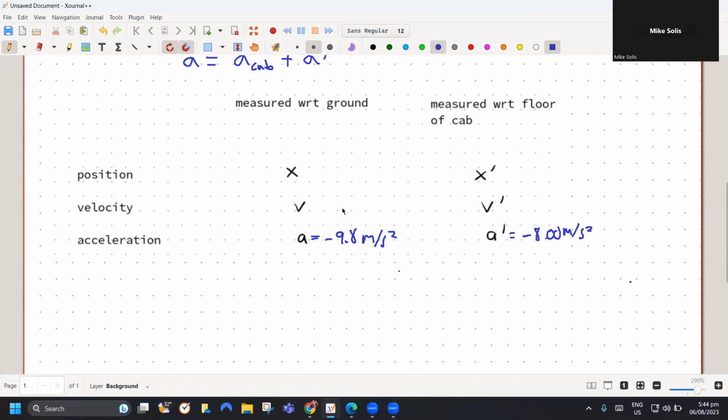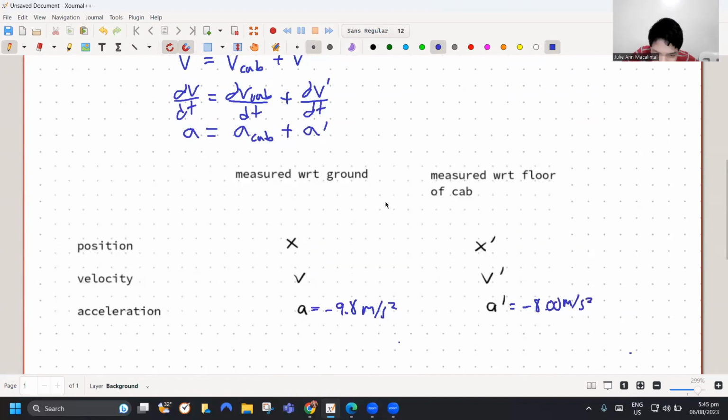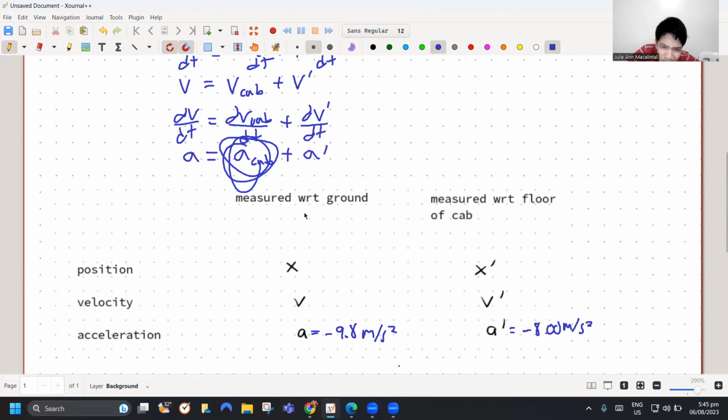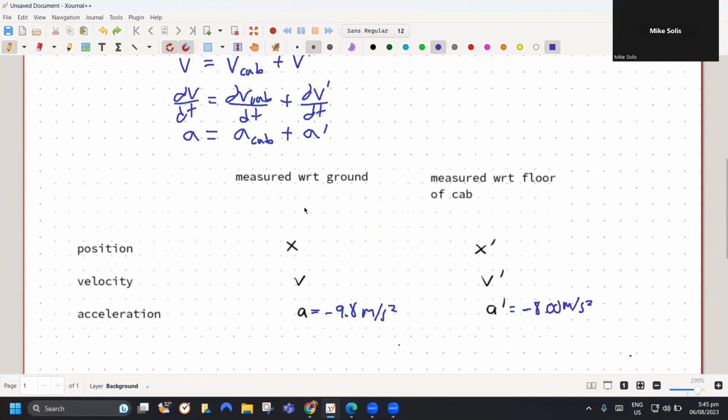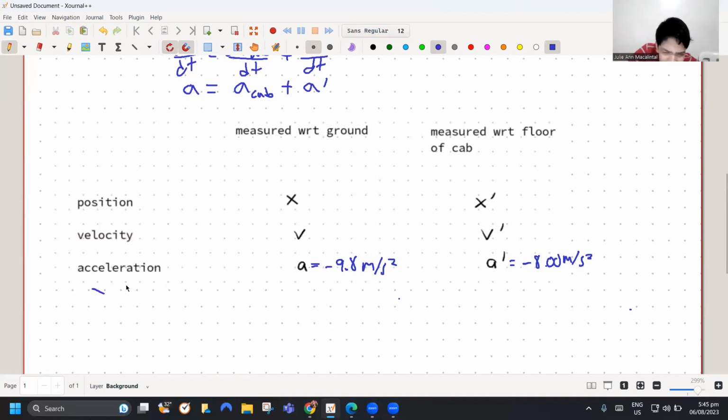Okay. Ngayon, meron tayong sinet up na equation relating these two accelerations, di ba? You can find out na po yung A cab. Okay. So, ano yung acceleration ng cab?